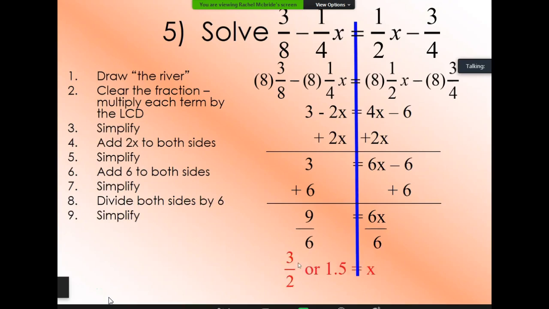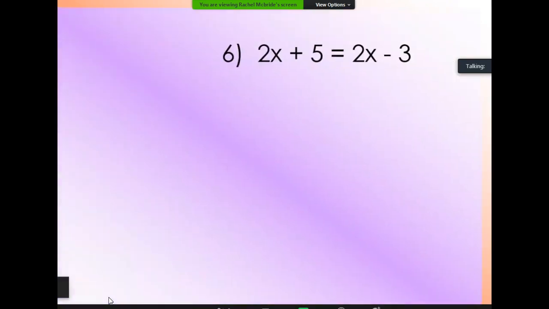Dominique? Yeah, 1.5. If you like fractions, 3 halves. And you always plug back into that original to check. Okay?